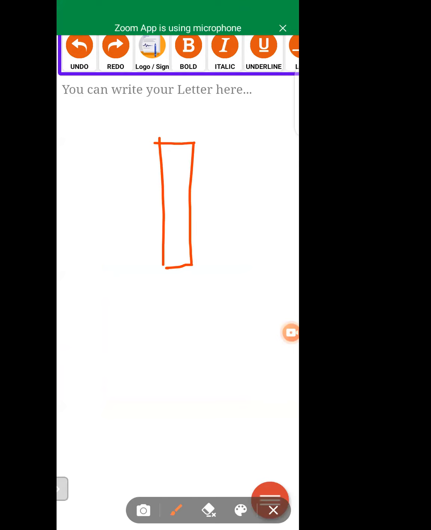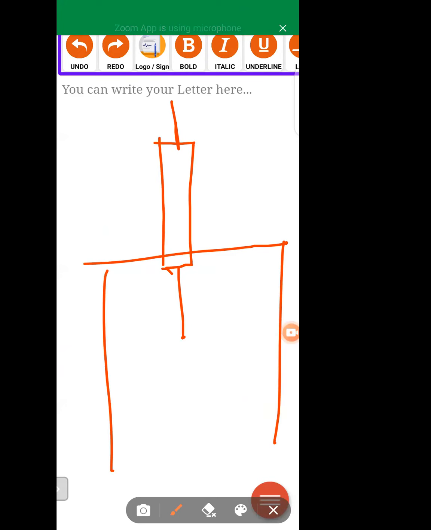Whenever it forms and it gives a tail like this, our concentration is at the bottom here, the tail, the downside.